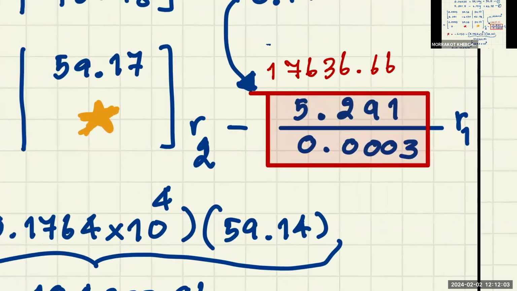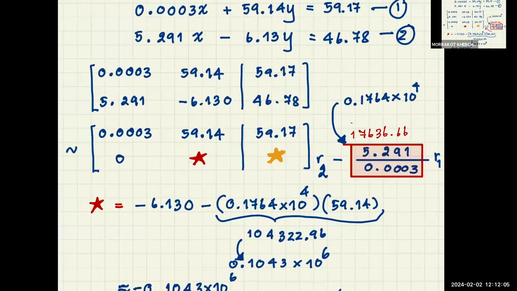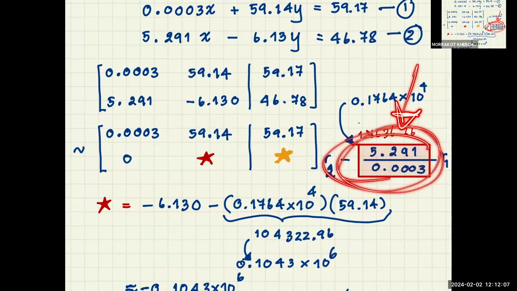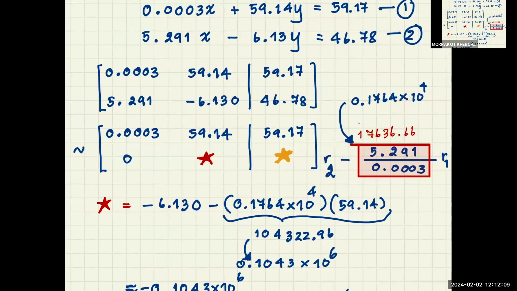This number, okay, it's large. It's larger than 1. That makes this multiplier large, which is not good, because if you have a small error and you multiply by a large number, the error increases.